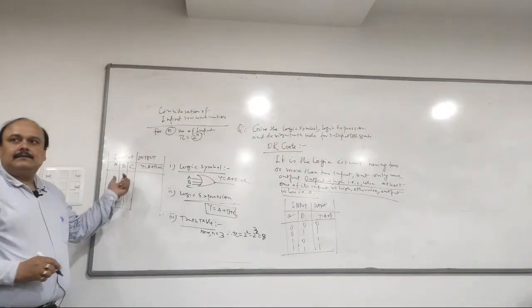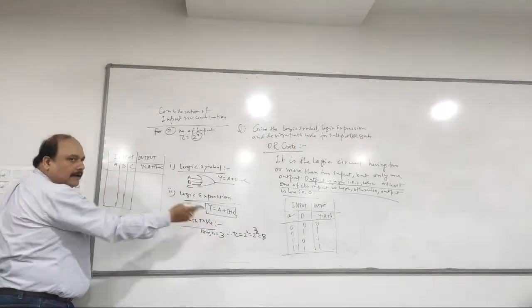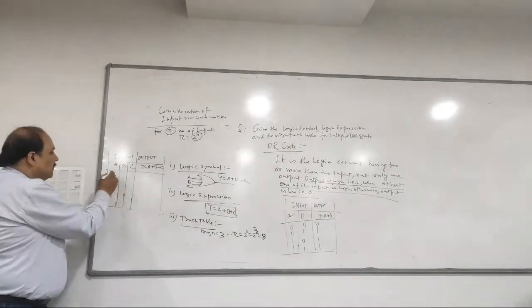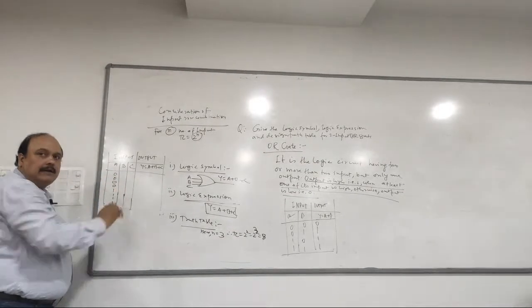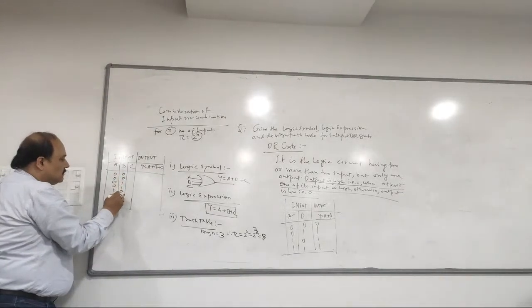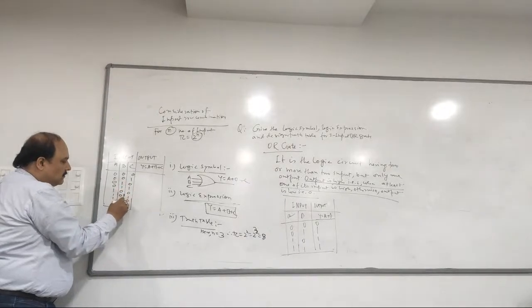Now in this case your number of inputs is 3, so a total of 8 input rows. So what is half of it? 4 times 0, 4 times 1, and what about half of 4? That is 2. Half of 2.